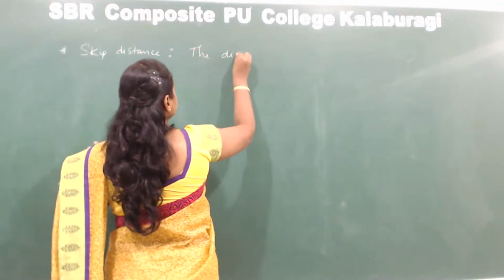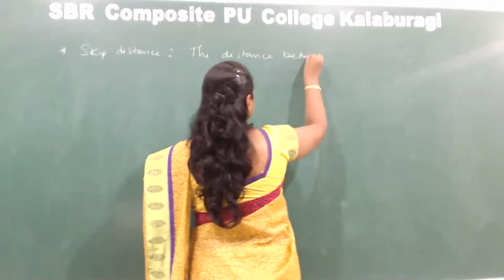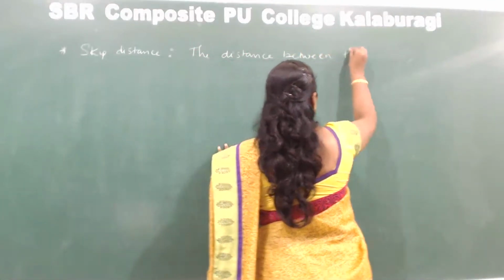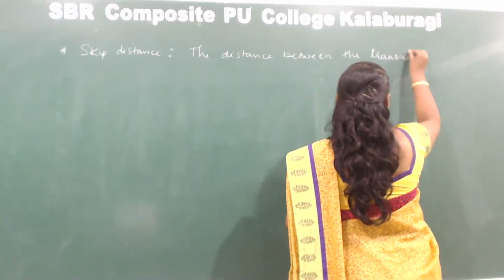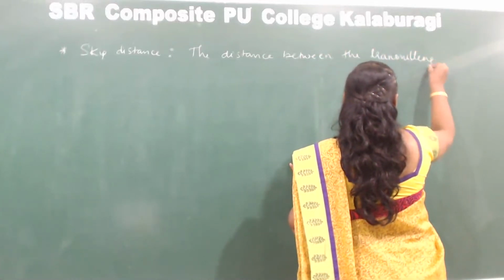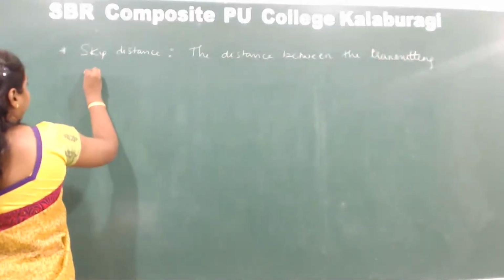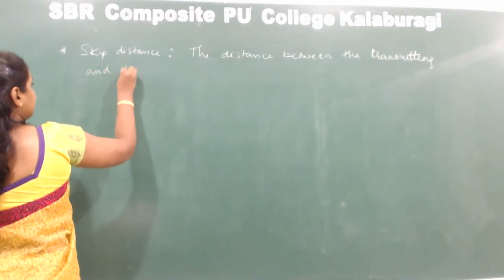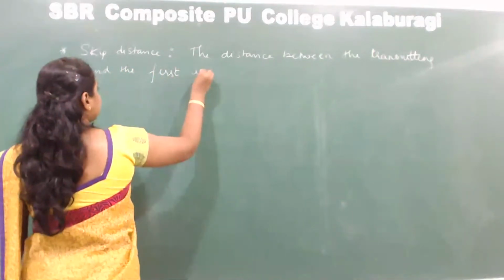The distance between the transmitting antenna and the first receiving antenna.